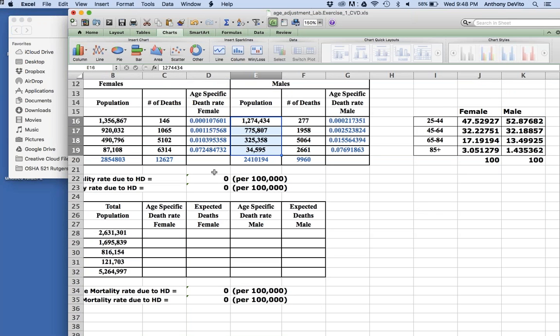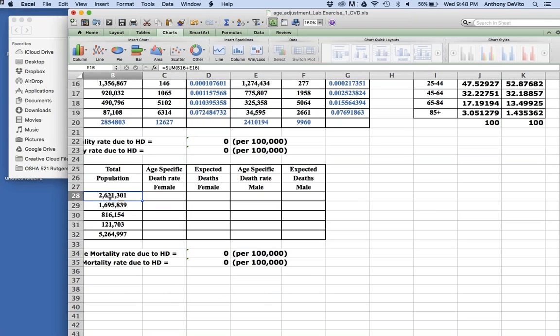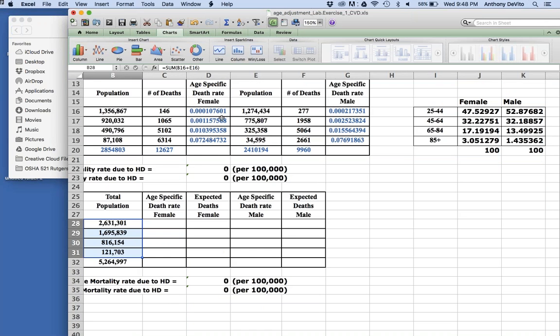I'm going to add these two populations together, and this represents the total population in New York City in those age ranges, rather than split up into male and females. And I'm going to apply those age-specific death rates for females and the age-specific death rates for males to the same population distribution, and see how the cardiovascular disease rate looks then.